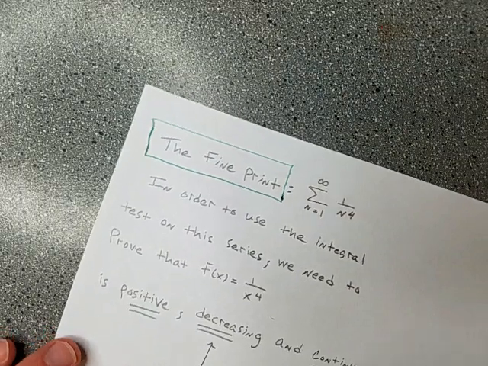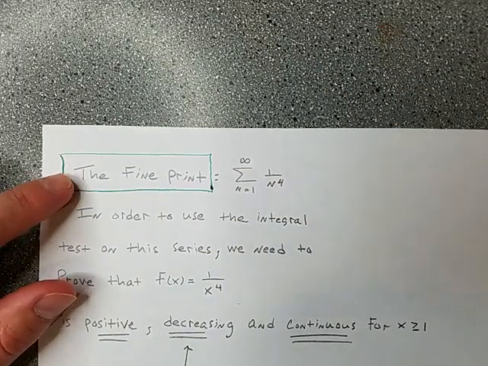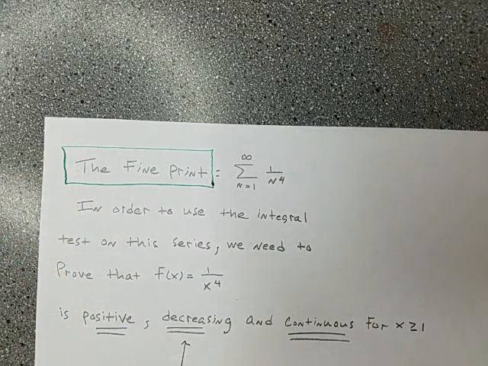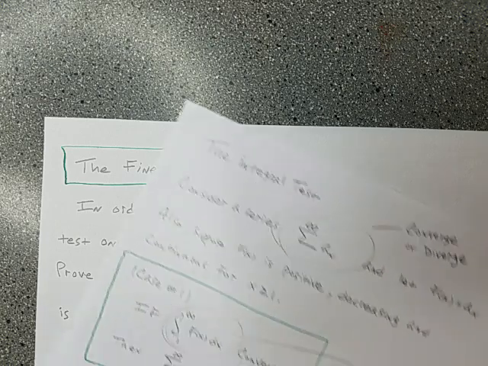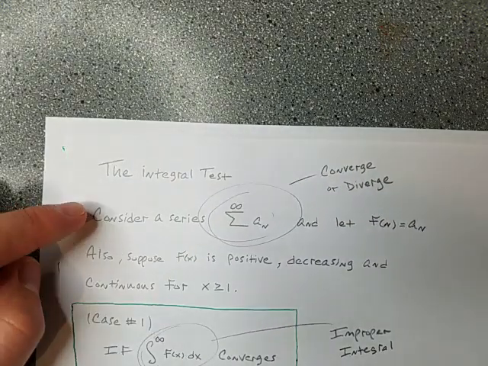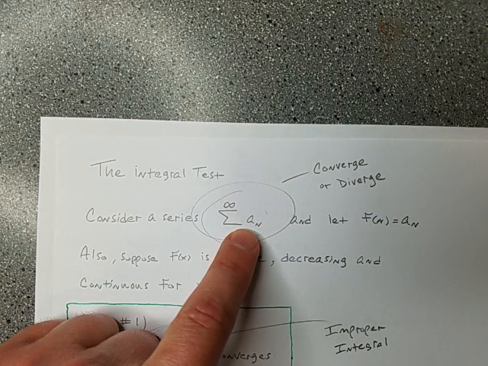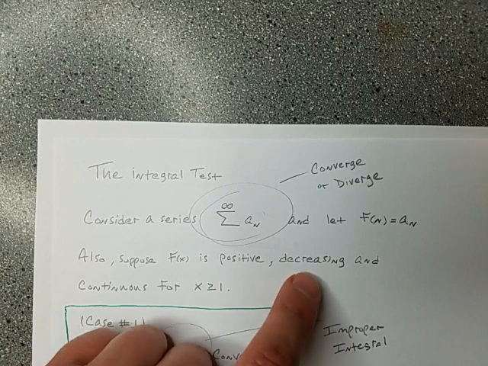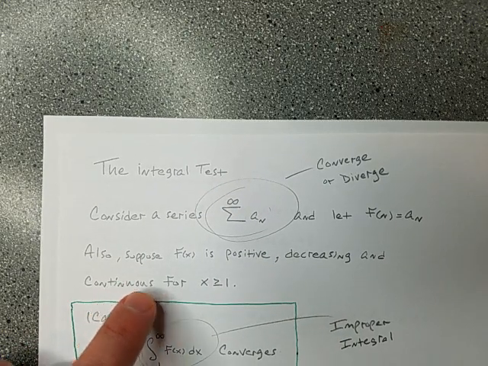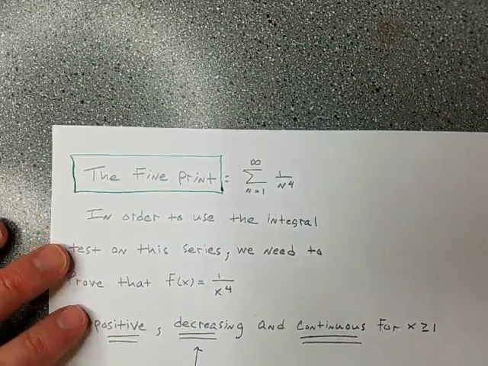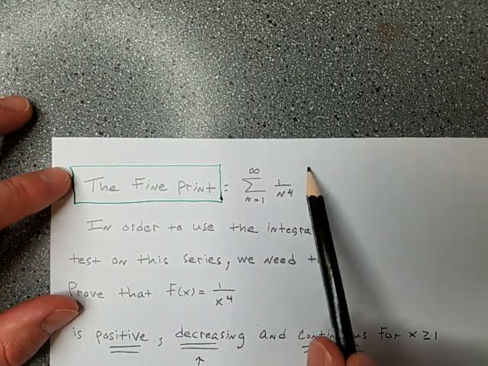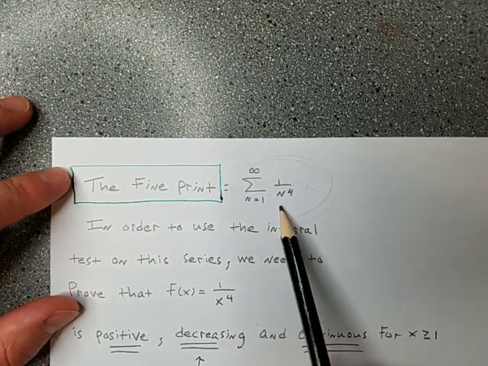So one more thing, and I think we'll be done, at least with this video, for the integral test. There's some fine print about the integral test. Try to think about the very first slide that I showed you. There's the first slide. And it says that you have a series, and this function that the series is based on is positive, decreasing, and continuous for x greater than or equal to 1, okay? So that is the fine print. So here's the first problem we did, okay?